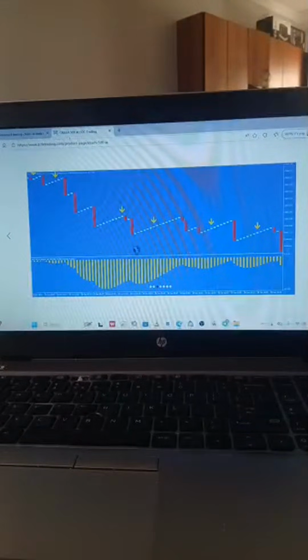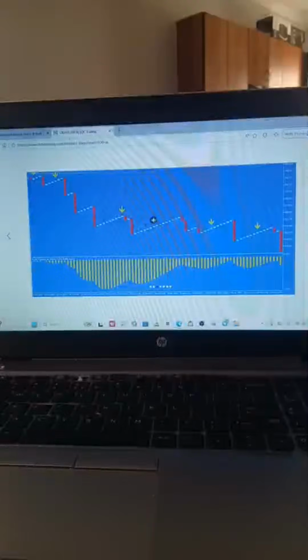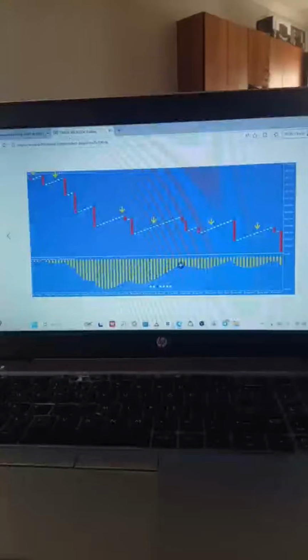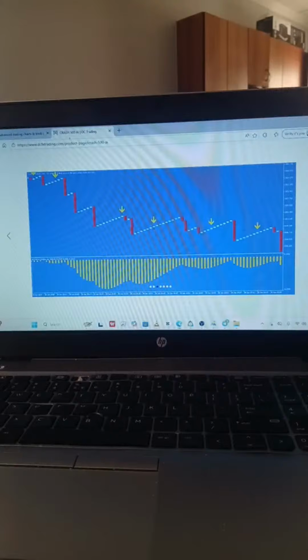This really shows the perfect way to use this indicator. A yellow arrow signifies a selling arrow, and these yellow bars signify a bearish trend. Price is moving down. If you have this combination, price would definitely move down quickly.